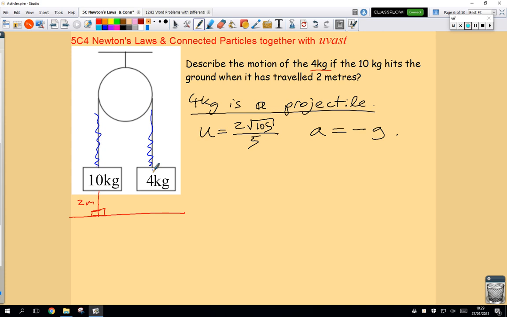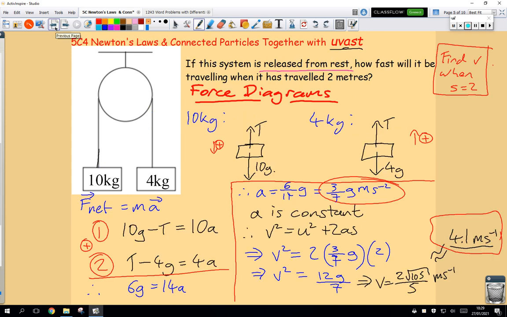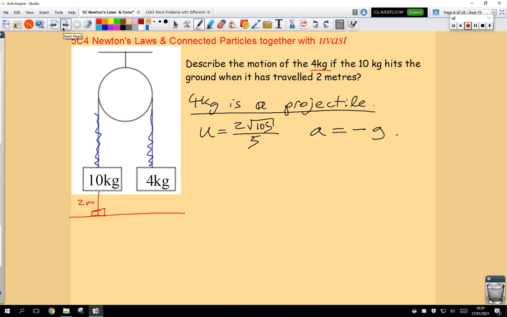So there are various phases of motion. Phase 1 is under the tension of the string: the 10 kilogram moves downwards, and suppose it hits the ground after 2 meters. That introduces a new phase where the 4 kilogram particle is traveling vertically upwards, and the only force at work on it is gravity. There's no tension pulling upwards.